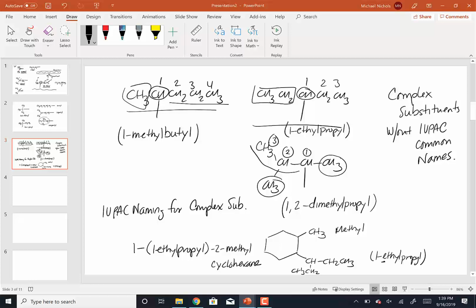So there's two reasons you put the name in parentheses. Number one, so that the ethyls and propyls don't get mixed up with everything else. Number two, because there's a number that has to come outside the parentheses to tell you where that group is attached. So how did you decide that it was like the one ethyl and it's not one ethyl?